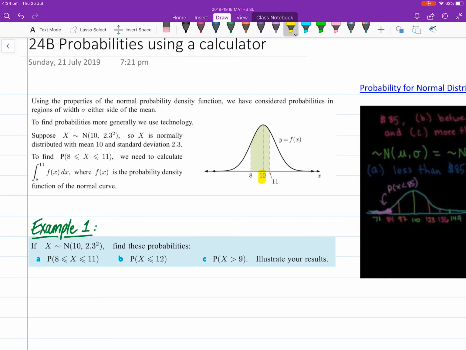Okay, and then you can see that bell curve shape. And so here you've got a normal distribution which is distributed about a mean of 10 with a standard deviation of 2.3. Because remember, 2.3 squared, that's the variance, right?